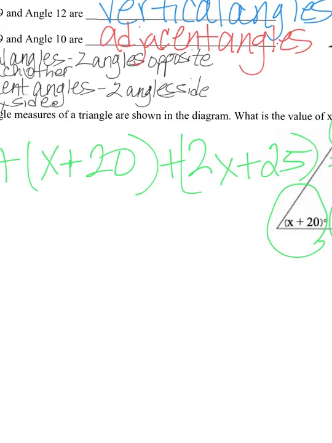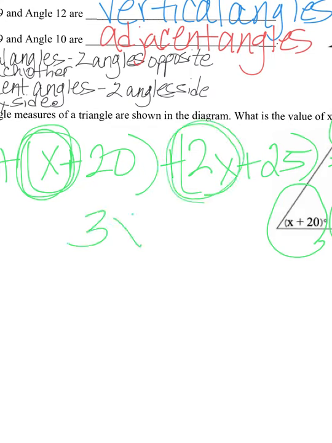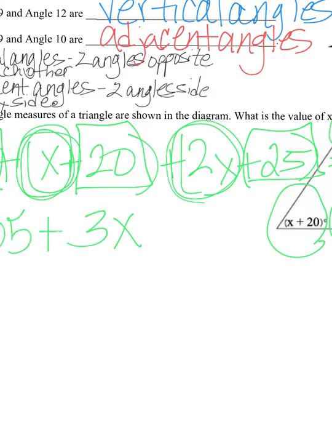You need to take all of the values of x and put them together. 1x plus 2x is 3x. Then you put all the numbers together. 60 plus 20 is 80. 80 plus 25 is 105. Added to 3x equals 180.